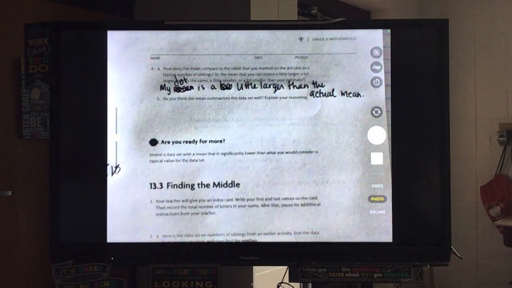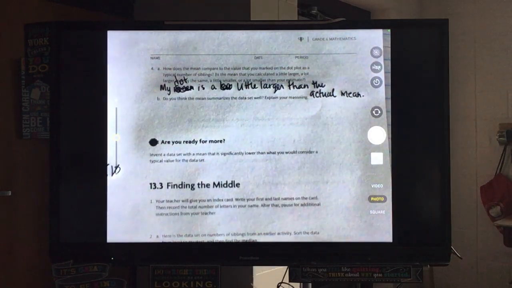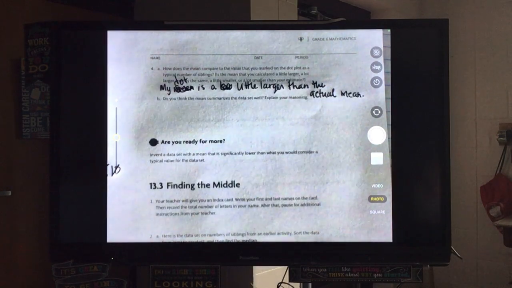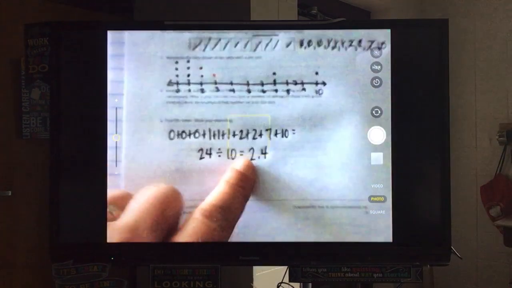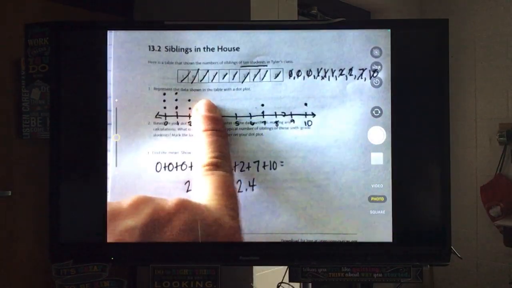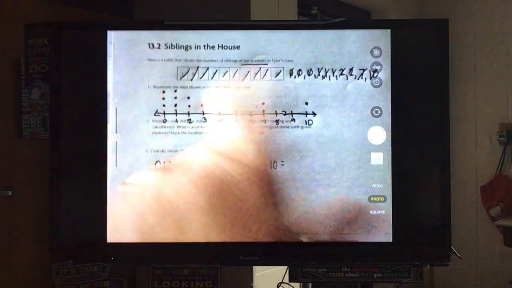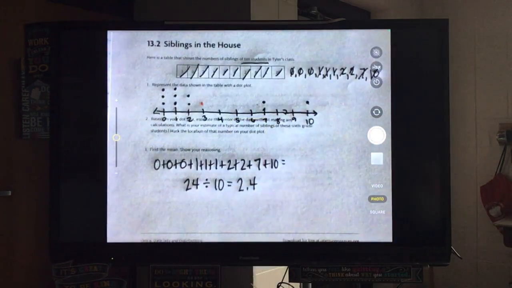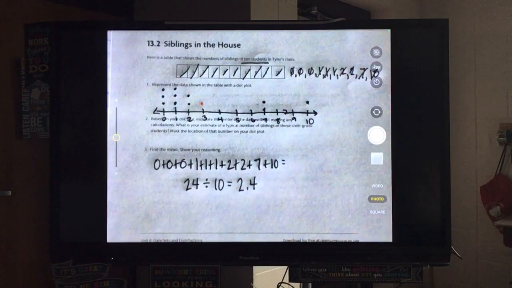Explain your reasoning. So this is where we have to learn a little bit about the type of distribution within our data. So the mean, again, is 2 and 4 tenths. This is what our data looks like minus the dot that we added. Do you feel like it summarizes the data well, knowing what numbers we have?